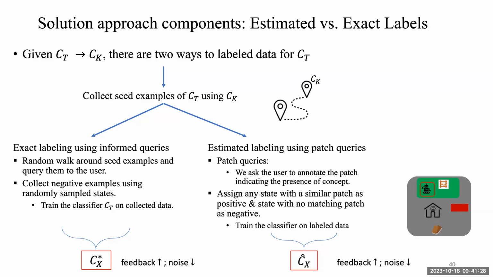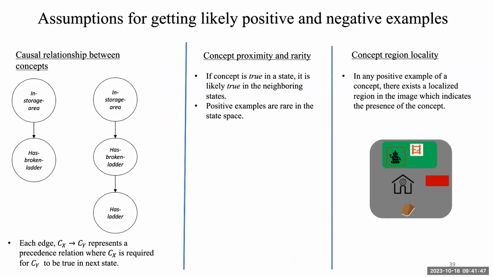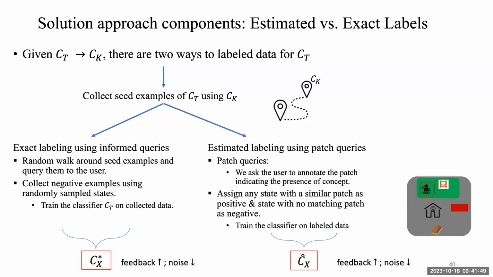Notice here that there is more feedback, but since these are exact labels, we can expect the noise to be low in the C star X classifier. The other way to collect data for CT is to exploit concept region locality, where we ask patch queries to the user. We ask the user to annotate the patch that is indicating the presence of that concept.